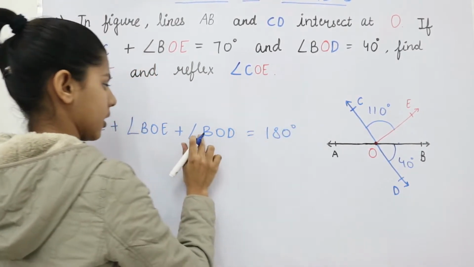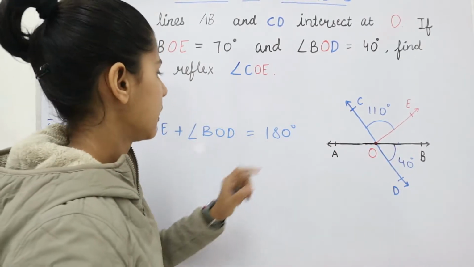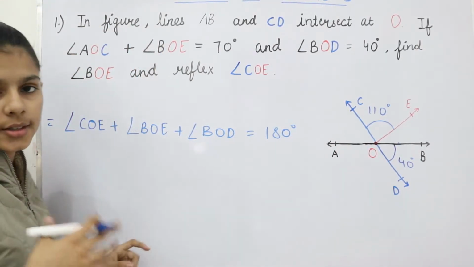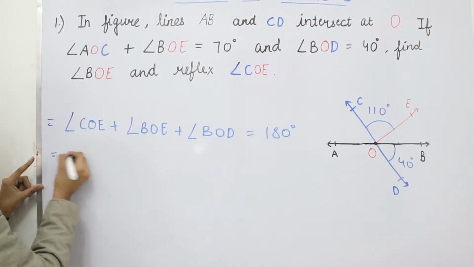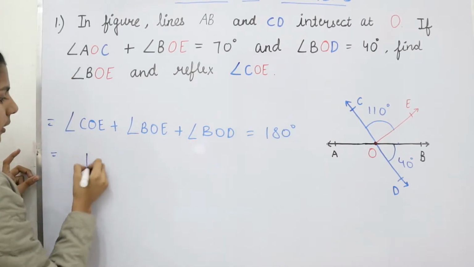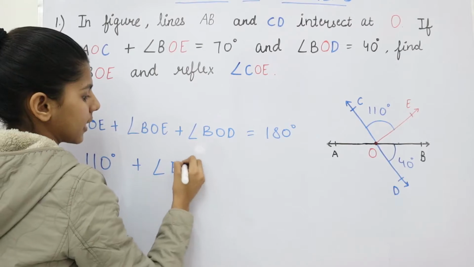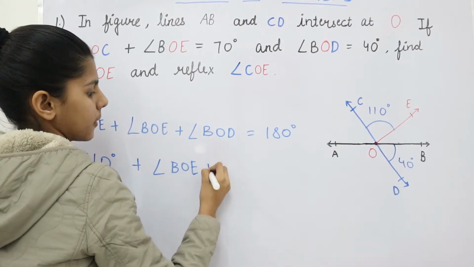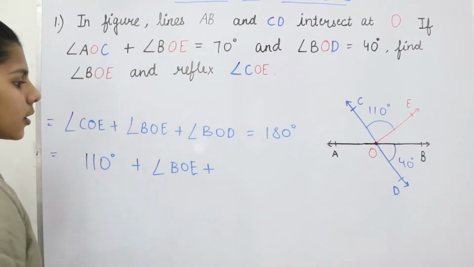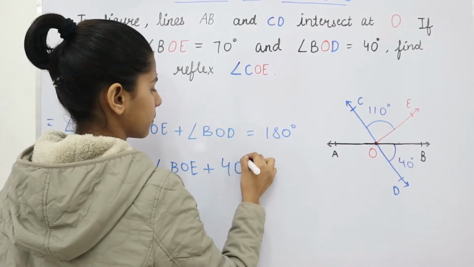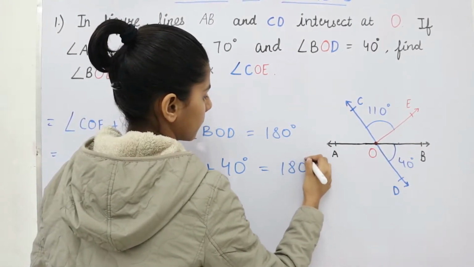Why? Linear pair. The property which will be used is linear pair, which you have to write in the bracket. They are linear pairs, that's why we are equating it to 180 degrees. Now COE we have calculated above, it is 110 degrees. BOE we have to calculate, so we write it as it is, plus BOD. This one is given as 40 degrees, so we write 40 degrees here. So it will be equal to 180 degrees.